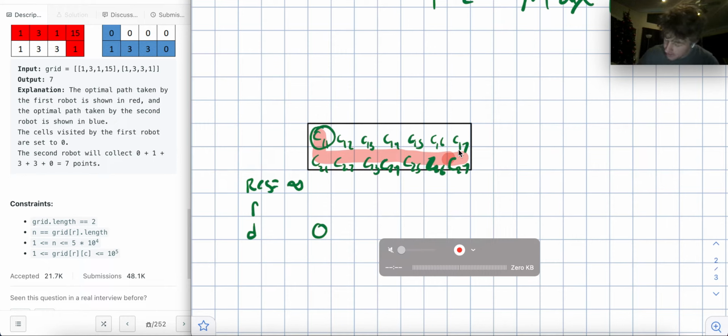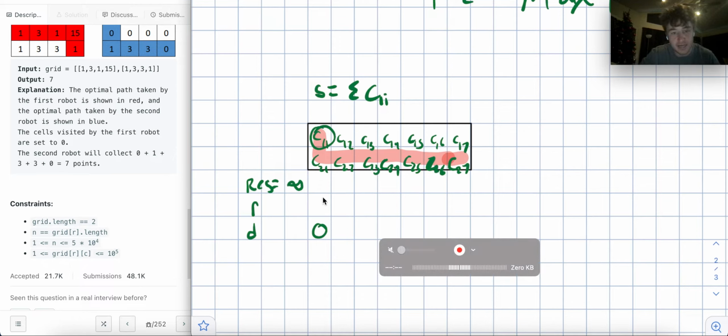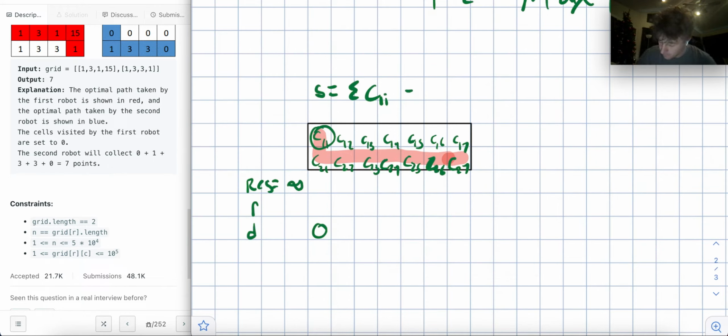So let's create a variable S, which is the sum of the first row, and we'll subtract out C11 to get this value. I don't know how to represent that here, because I want to represent R as a sum of things.